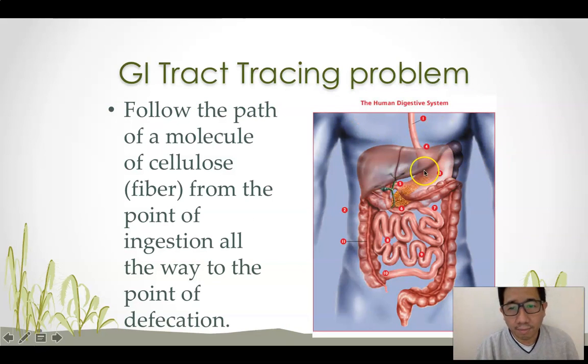So you should know this. I gave you a little exercise in class to follow the track of the GI system. This should help you with both your lecture and your lab. Your unit 2 lab practical exam will come up in the next couple of weeks, and it's important to know the organs from the cadaver.